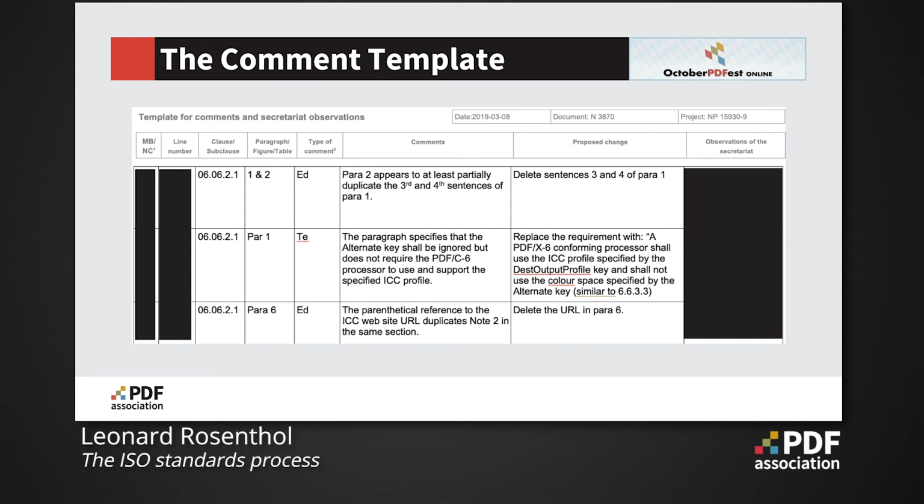And then the third line, again, it's just deleting a URL. That's not a big deal. That's an editorial change. You would just do these throughout the document, put every one of these things in your template, and then send it along with your vote to your national body or to the association. So you will, as I said, come to know and love the comment template.